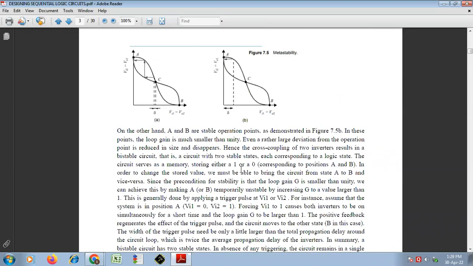On the other hand, A and B are stable operating points. That means C is unstable and A and B are stable operating points.